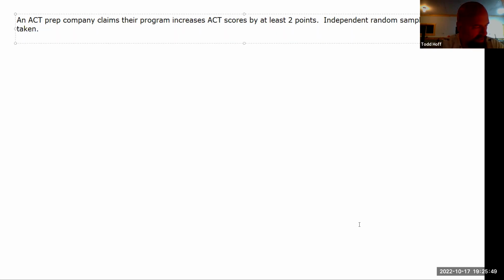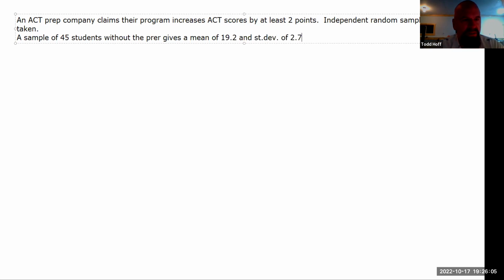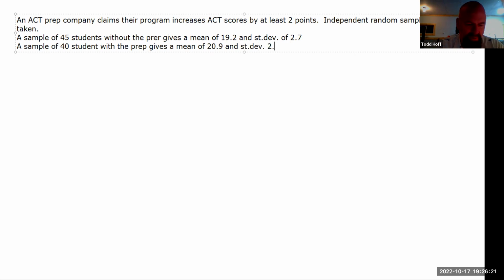A sample of 45 students without the prep gives a mean of 19.2 and standard deviation of 2.7. A sample of 40 students with the prep gives a mean of 20.9 and standard deviation of 2.4. Test the company's claim.